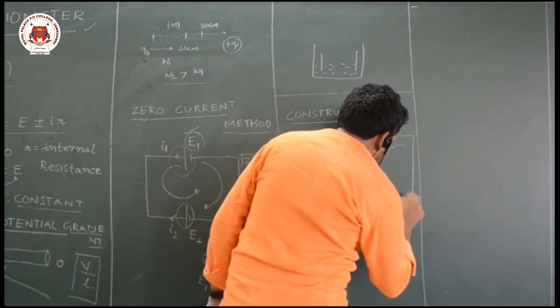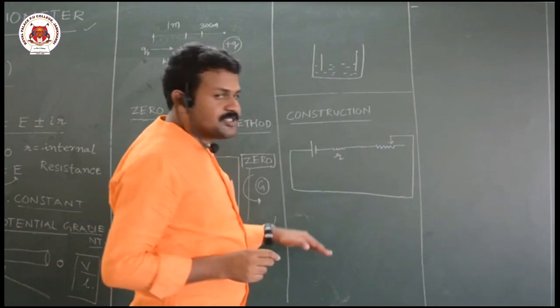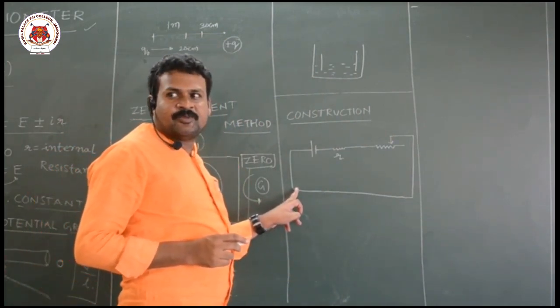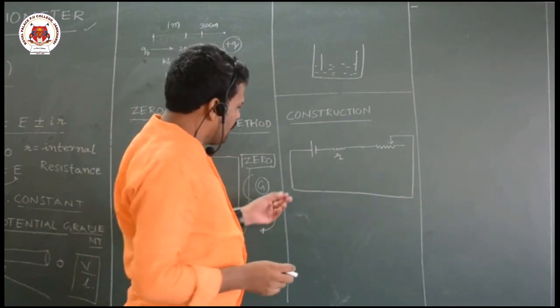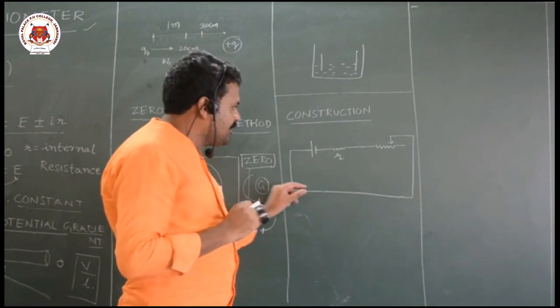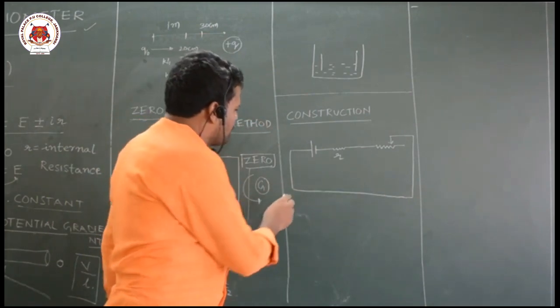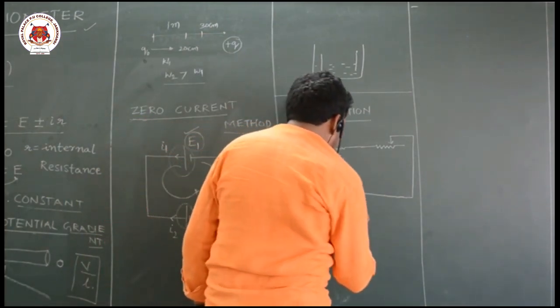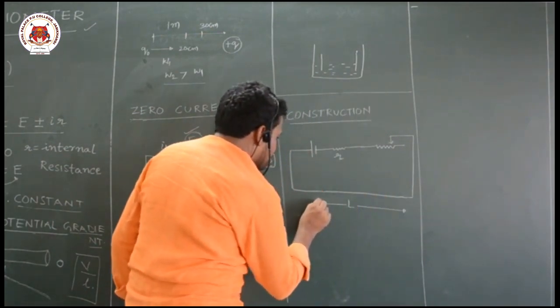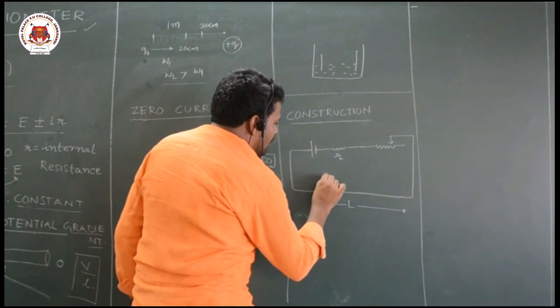If you see your textbook, there will be some 10 layers of the wire, but here for your understanding I am drawing only a single wire. So how is this wire made? Several bundles of small wires wind together and make a wire of uniform thickness of length L and resistance RL.